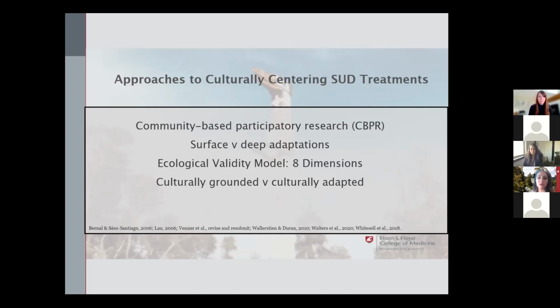And it's also why CBPR is so important, because the community will be able to determine what they feel is appropriate, and if something aligns with their values or not, or what adaptations are required. So this sort of cultural grounded versus cultural adaptation approach is part of my KO1 training, and I'm focused really on wanting to learn more about the considerations for these two approaches. So I just thought I would share that with you today.